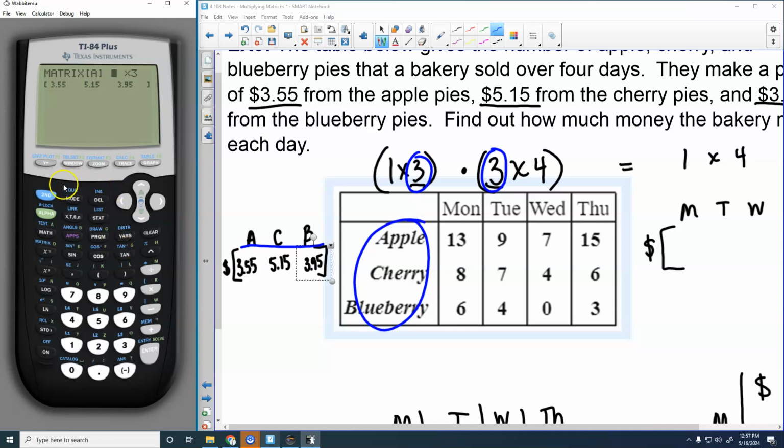Okay, everybody good there? Then you need to do the same thing for the other matrix. You'll just go back to the matrix menu, go over to edit, this time go down to number 2 for B, and you have a 3x4 matrix, and you're going to enter your data there.